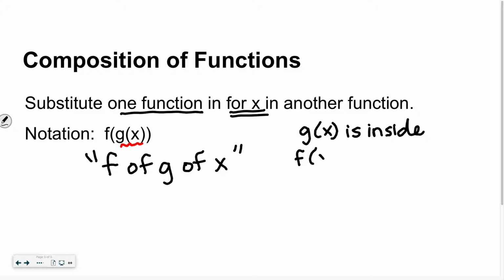And f of x is our outside function, so we're going to put g of x in for x in f of x. Okay, so remember, composition is not addition, subtraction, multiplication, or division, but rather substitution. So let's actually look at what this means.